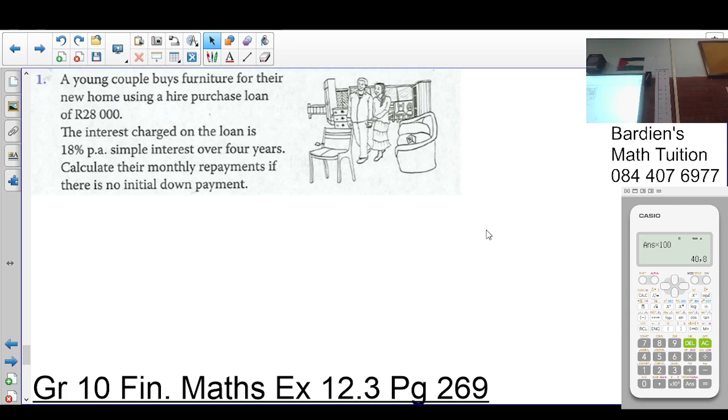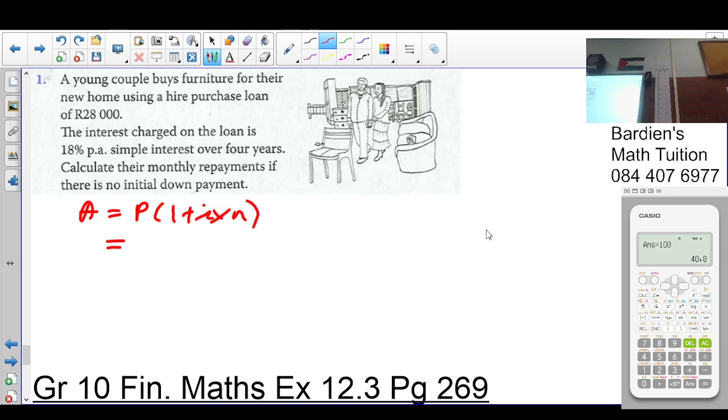So what do I do? I will apply the formula. A is equal to P times (1 plus i times n). That's simple interest. HP is simple interest. So it's 28,000 rand times (1 plus 0.18 times 4 years).